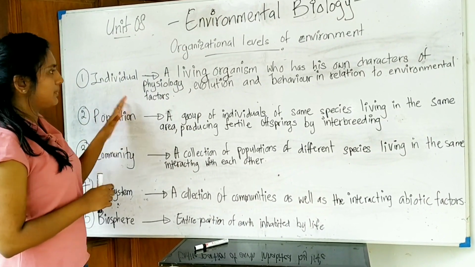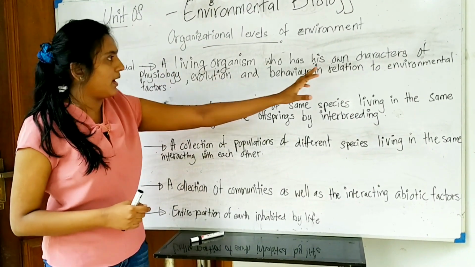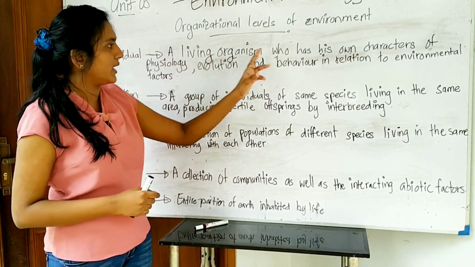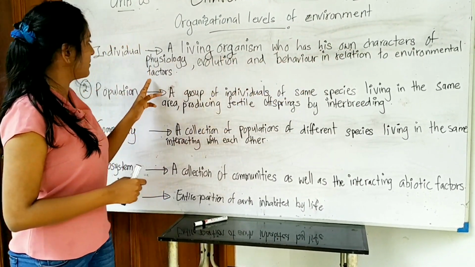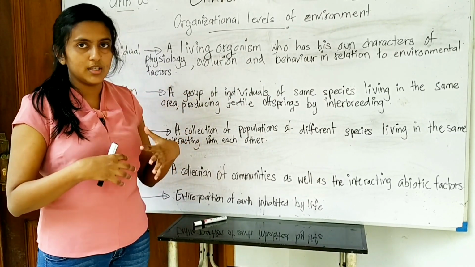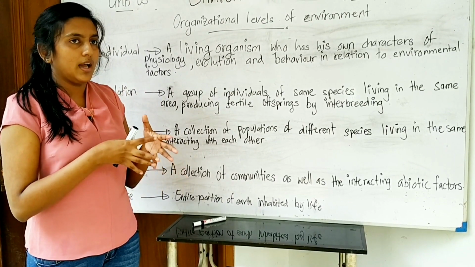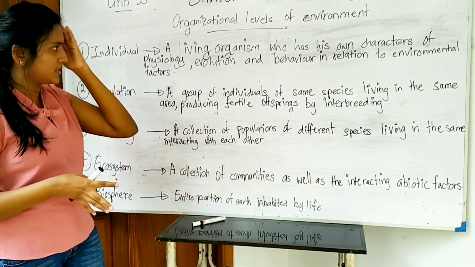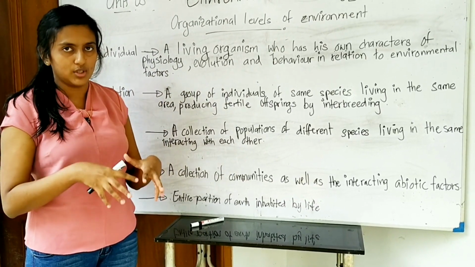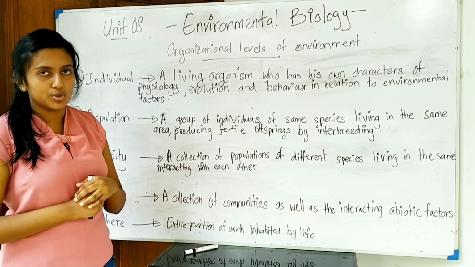An individual means any living organism, but we have to consider that it has its own characters of physiology, evolution and behavior in relation to environmental factors. It's not just about the genes, the environment affects the form and survival of an organism. Every organism has its own set of genes and its own set of ancestors, which is why the word evolution is mentioned.